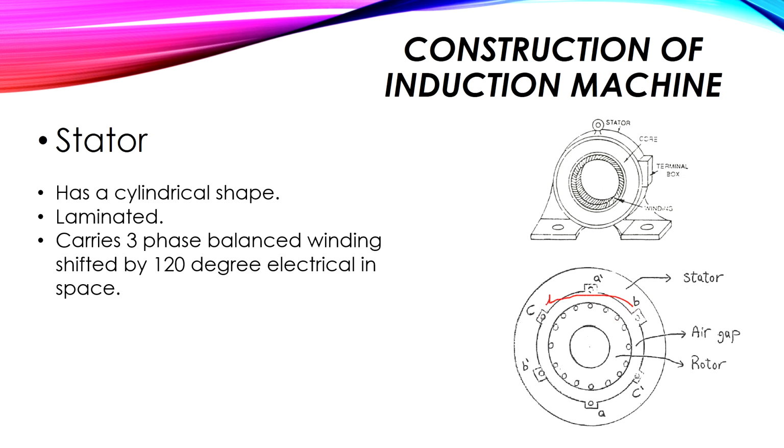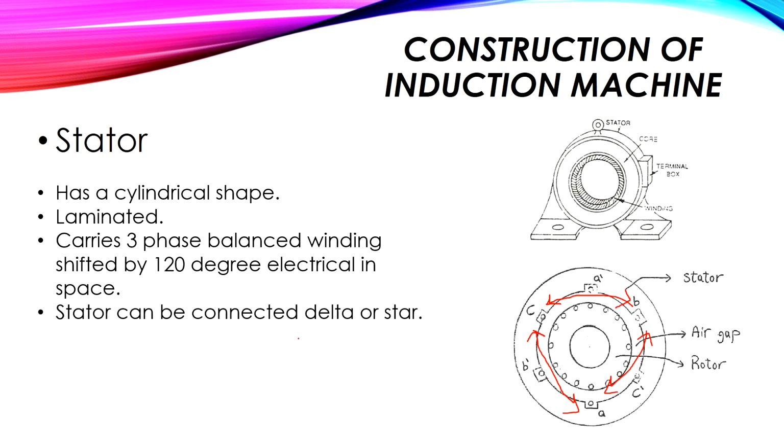This angle is 120 degrees, this angle is 120 degrees, and this one too. A is a phase winding, B is another phase, and C is another phase, because you know that in the electrical power system we use a three-phase system. There are of course single phase induction machines, but in this course we discuss the three-phase induction machines, which of course require high power.